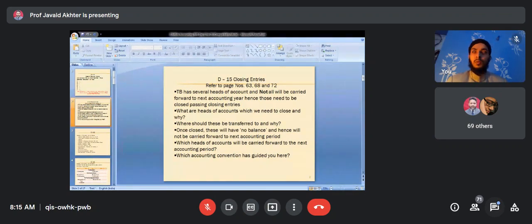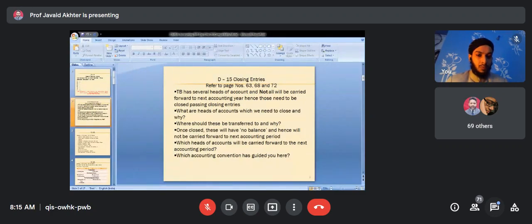You owe something to somebody and you are maintaining the records. Should you close those records unless those are paid? No, sir, we cannot. Means if something is to be paid, it will be carried forward to the next accounting period. So expenses accounts will be closed and revenue accounts will be closed.